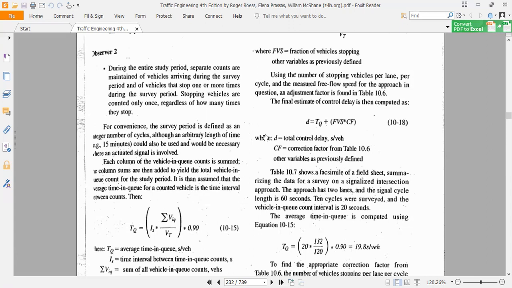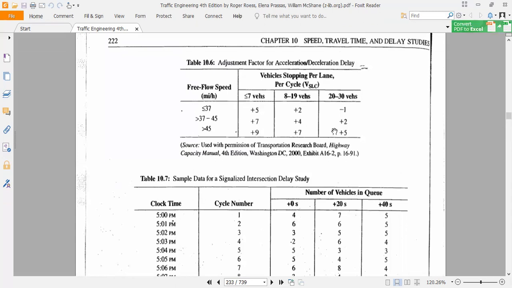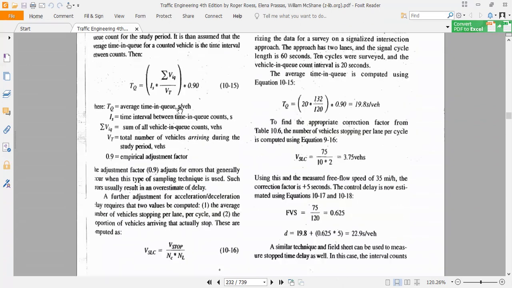That is the difference between TQ and D. So it is equal to TQ, that is the average time spent by the vehicle in queue, plus FVS times CF. FVS is the fraction of vehicles stopping, and CF you can get from Table 10.6. This CF actually depends upon the free flow speed and vehicles stopping per lane per cycle. So you will get this value from Table 10.6.